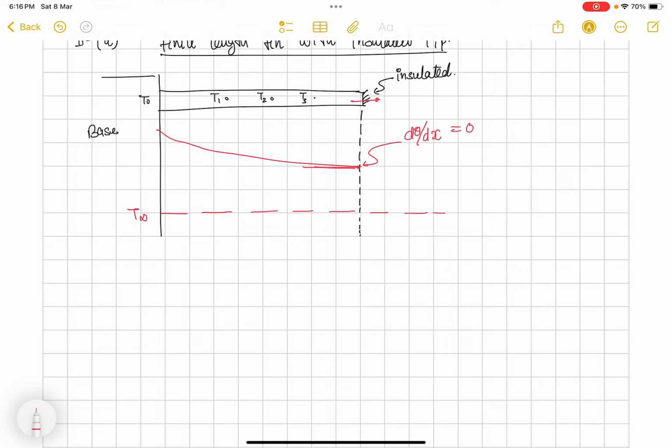So the heat transfer rate from the tip, minus kAc d theta by dx, is 0. Right, slope is 0.